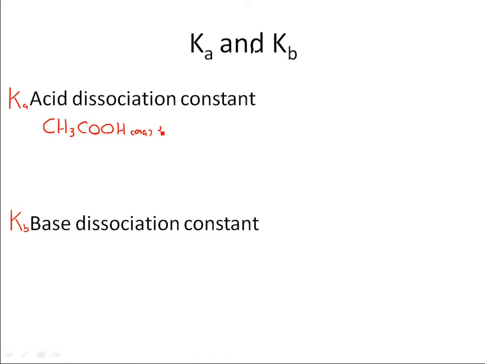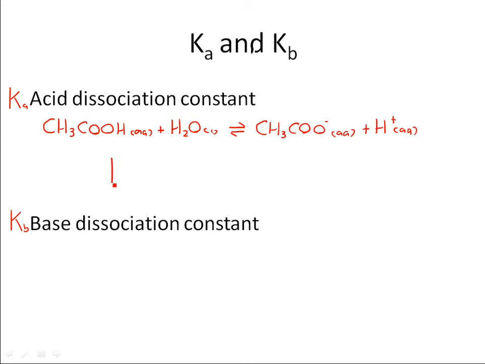So we have ethanoic acid plus H2O, and on the right side we're going to have the ethanoate ion plus H+.